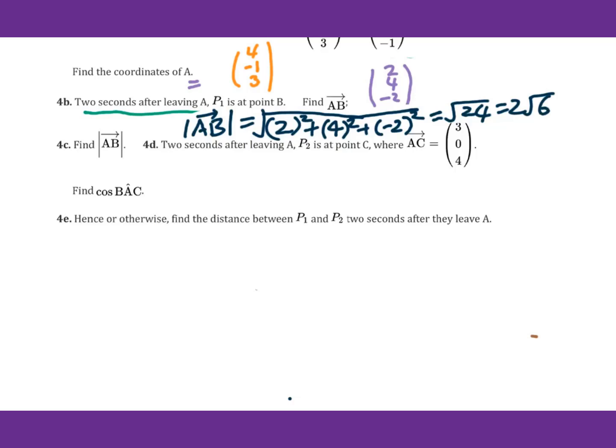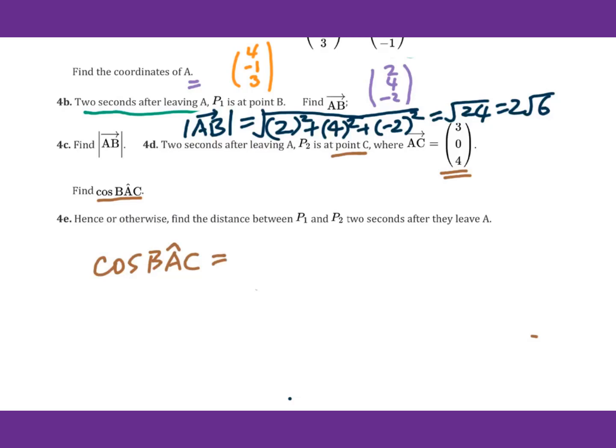For D, 2 seconds after leaving A, P2 is at point C, where this is the vector for AC. Find the cosine of BAC.